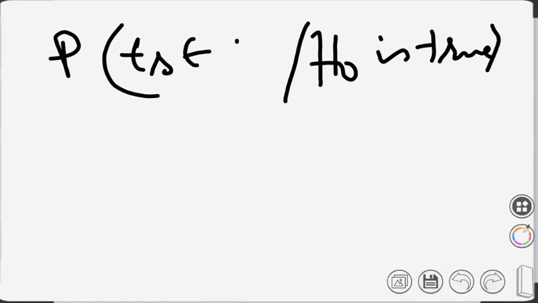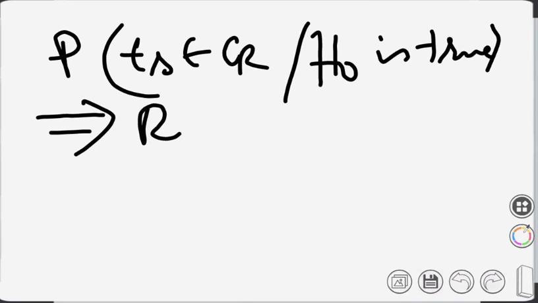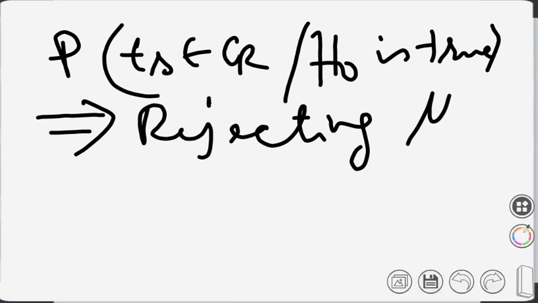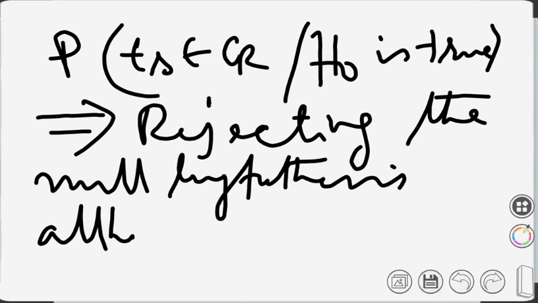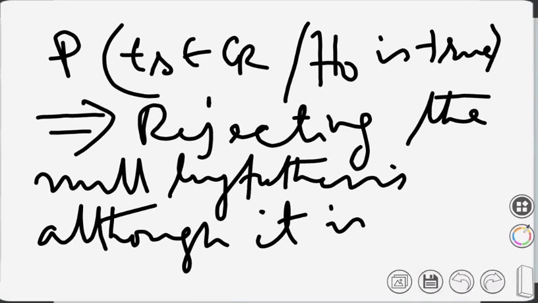TS belongs to CR. This implies rejecting the null hypothesis although it is true.